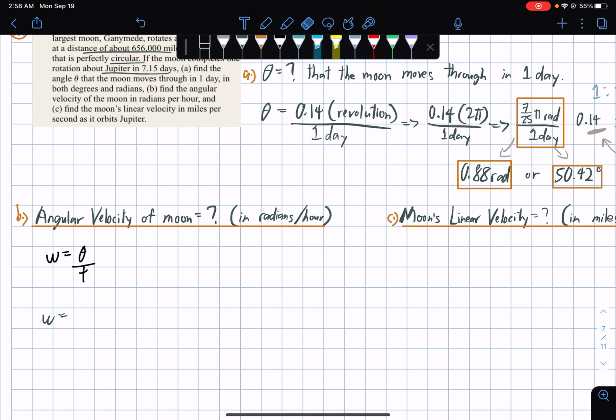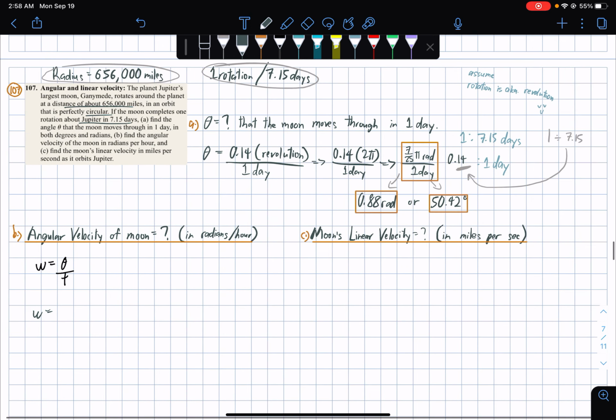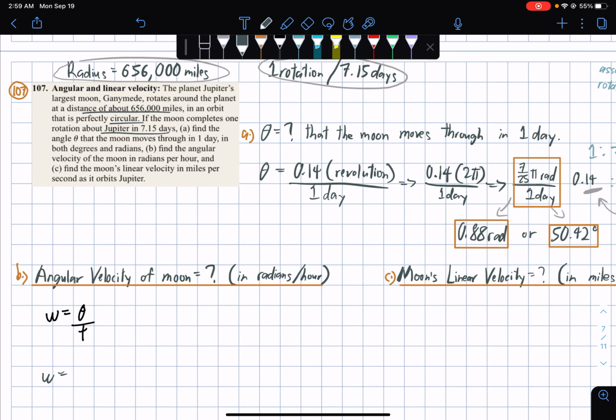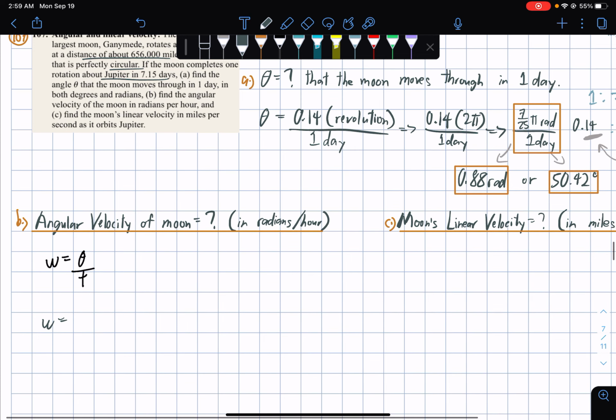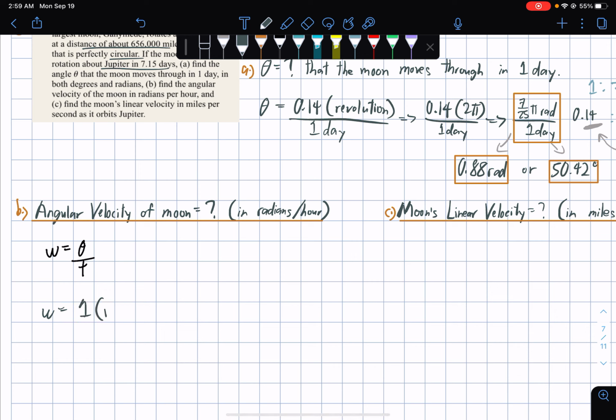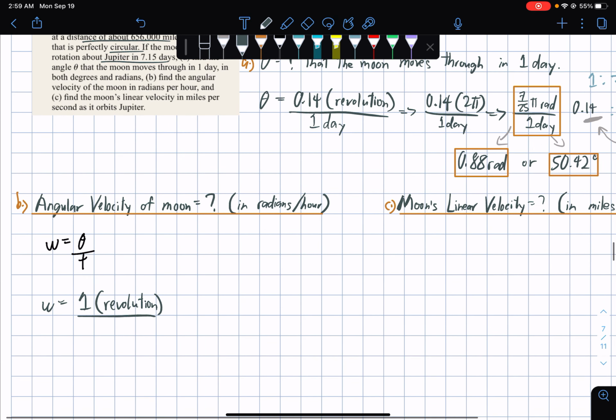Let me try something else. So given that our one rotation is 7.15 days, let's use that as our basis for the angular velocity. So 1 times revolution over 7.15 days.